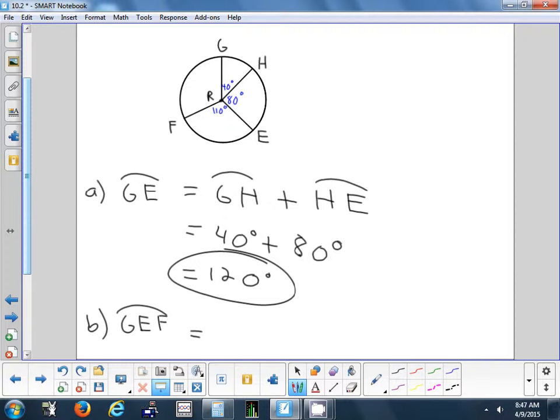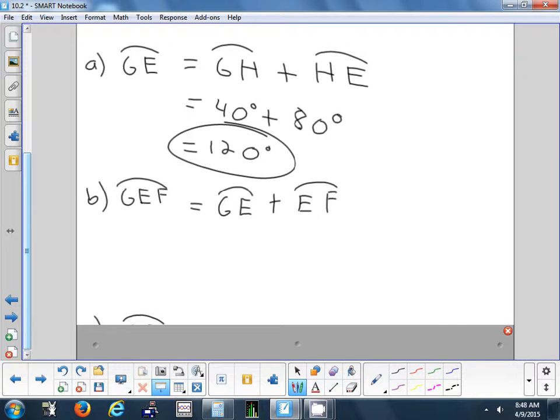Let's recycle some of what we already have. Take the one you just had, GE, plus EF. That'll give you GEF. You could have also done GH plus HE plus EF, but you've already done GH plus HE, so let's just reuse it.